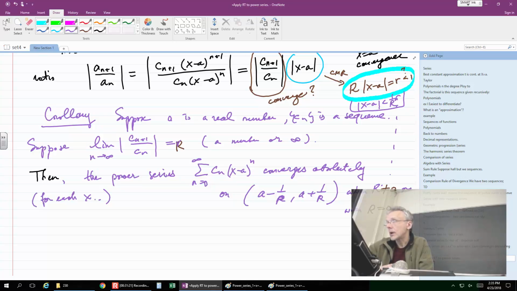If you look at that inequality at the top right, and R uppercase is 0, then what do we get? Well, 0 multiplied by the absolute value of x minus A, what does it give me?